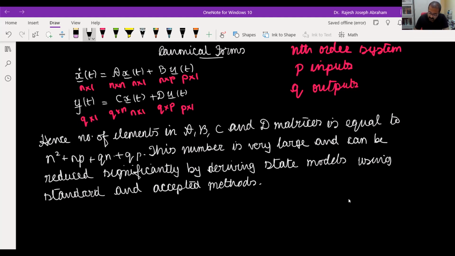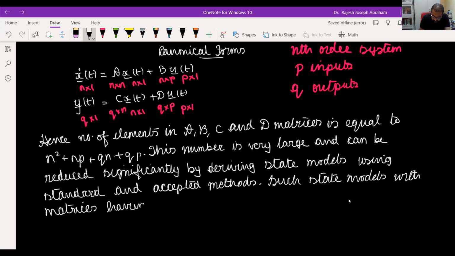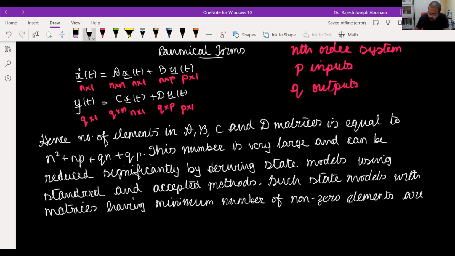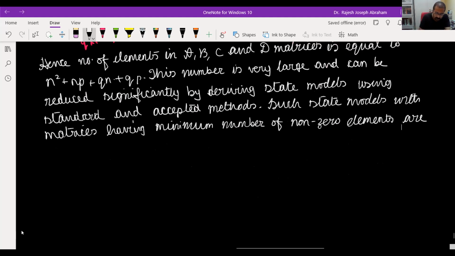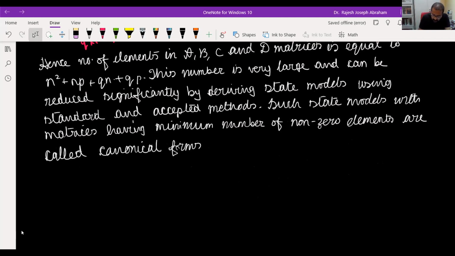Such state models with matrices having a minimum number of non-zero elements are called canonical forms or standard forms.